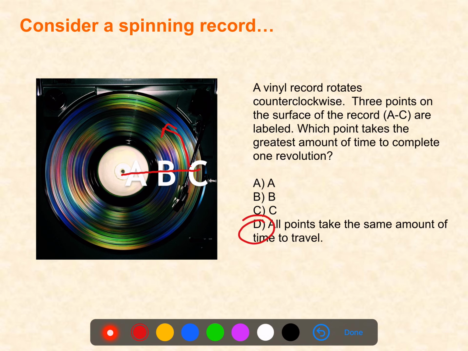So what is going on here if they take the same amount of time to travel, but one of the points travels farther than the other 2?